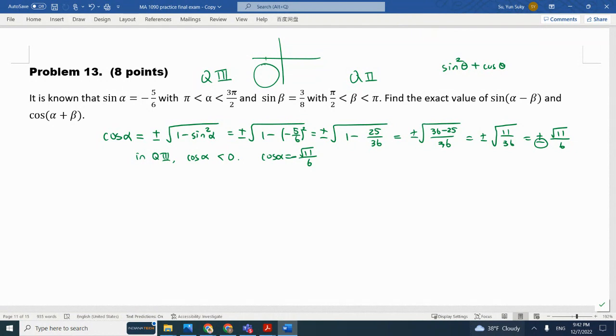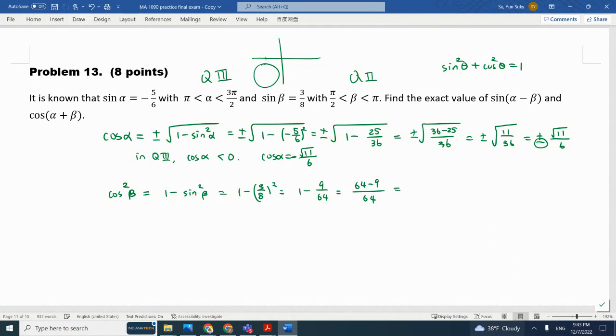Okay. How about cosine beta? We know sine beta, so let me do cosine beta squared first, so I don't have to keep the plus or minus square root every time. That is 1 minus sine beta squared. Sine beta is 3 over 8, squared: 3 squared is 9, 8 squared is 64.